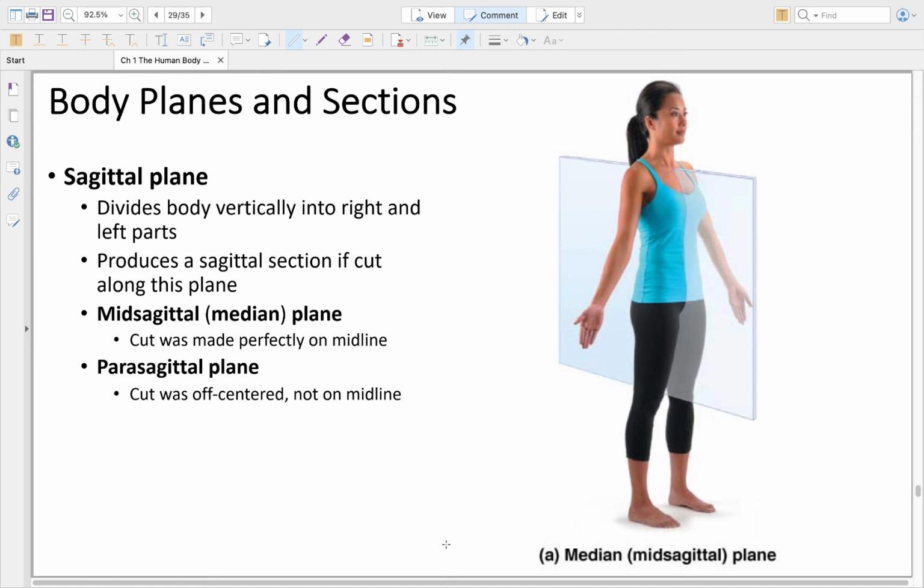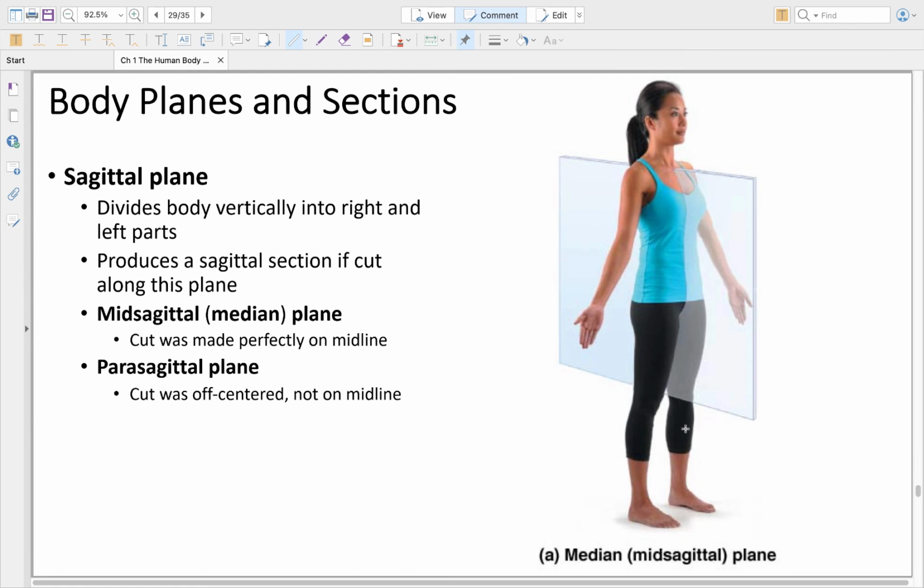That is the sagittal plane. Okay. Now, a mid-sagittal plane is perfectly at the midline. So this is a perfect mid-sagittal cut.